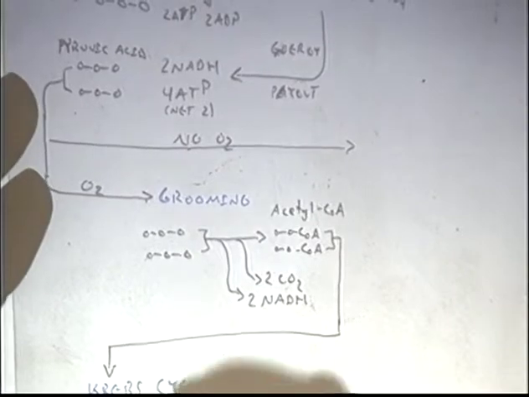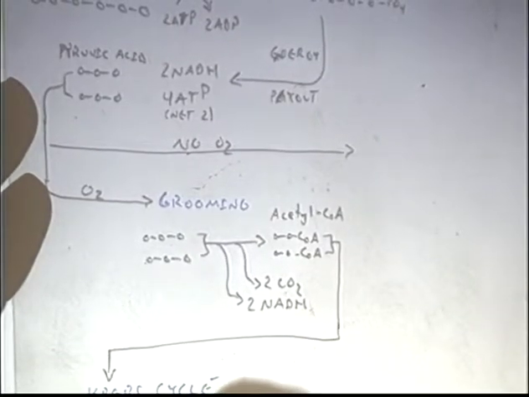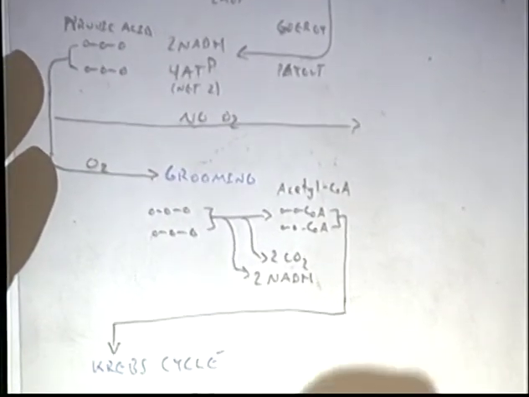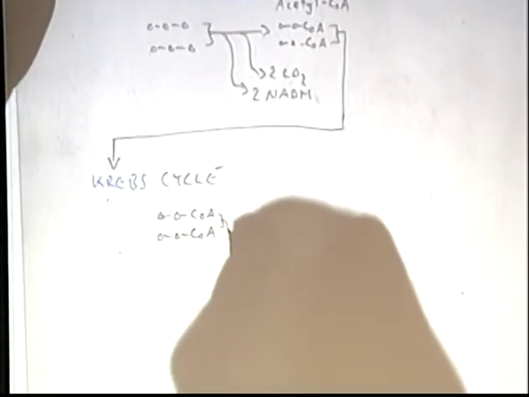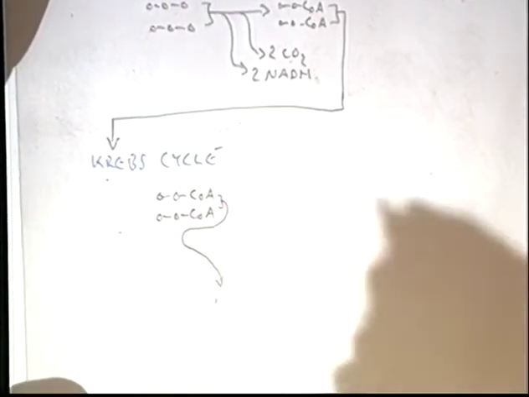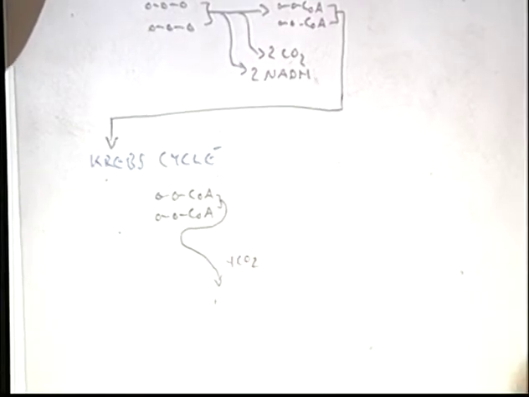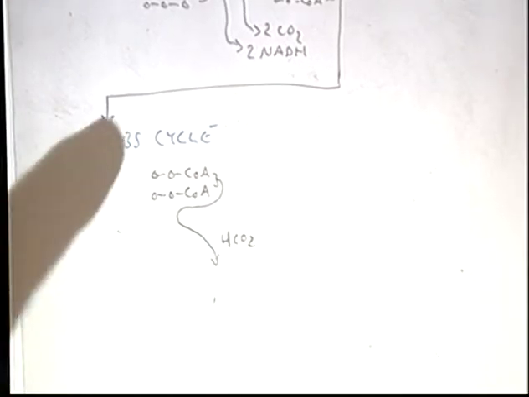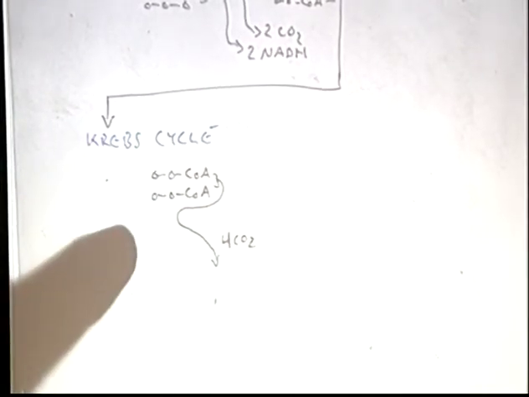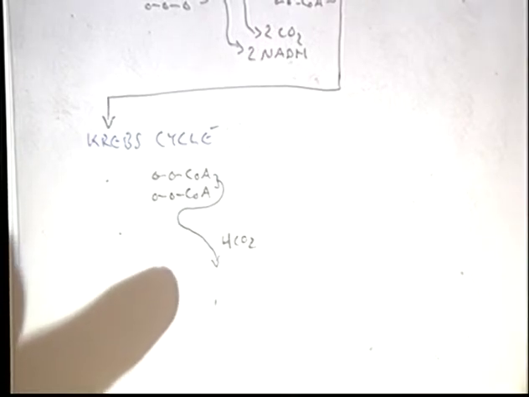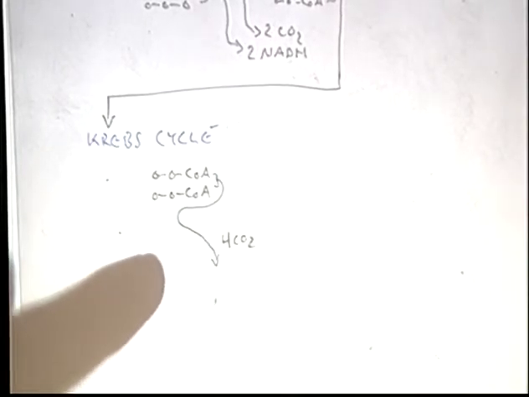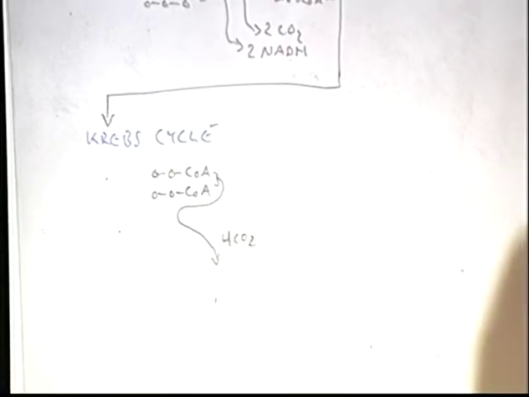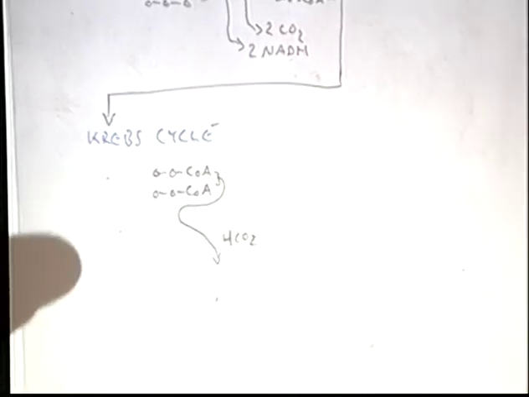In the Krebs cycle, we take those 2 carbon molecules that are attached to coenzyme A, we run them through this cycle, and we end up getting out 4 carbon dioxides, if we run these completely through. Where in the Krebs cycle you get those CO2s isn't relevant for us. We don't need to worry about it. Worry about the inputs and the outcomes, rather than what happens in each individual step.